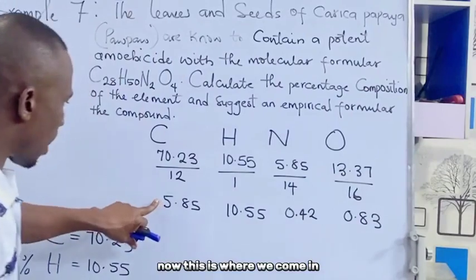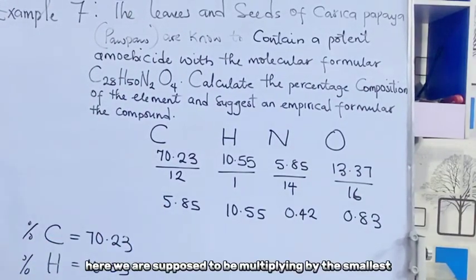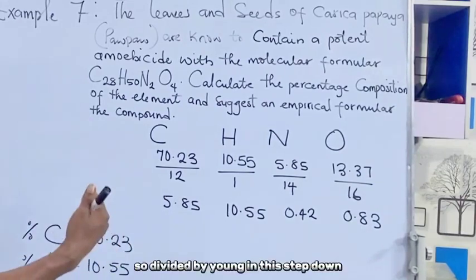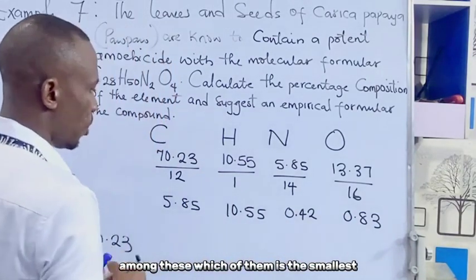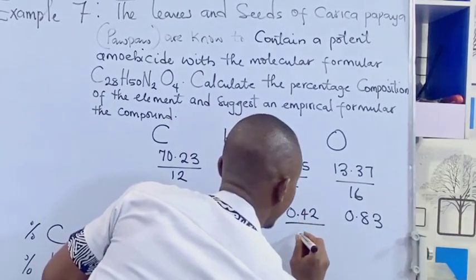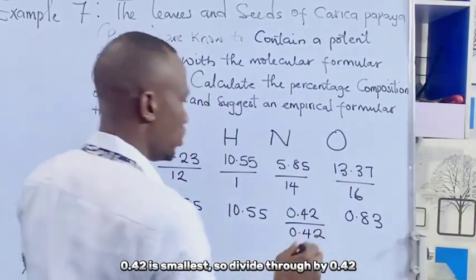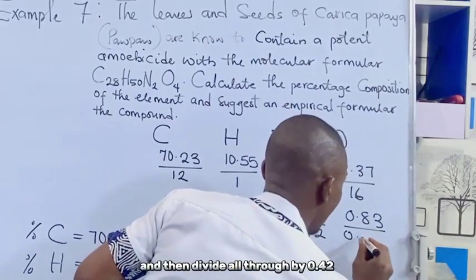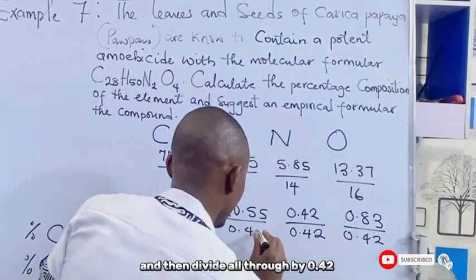Now, this is where we come in. In this step, you follow the rule of dividing by the smallest number. Among these, which of them is smallest? The smallest here is 0.42. So you divide all through by 0.42.